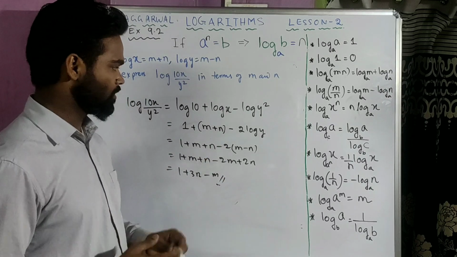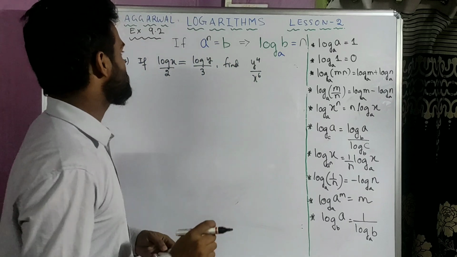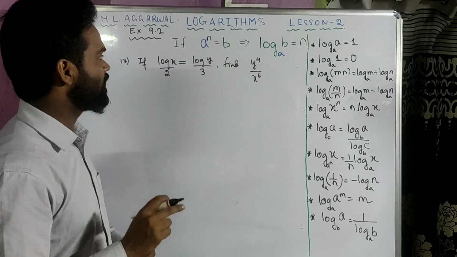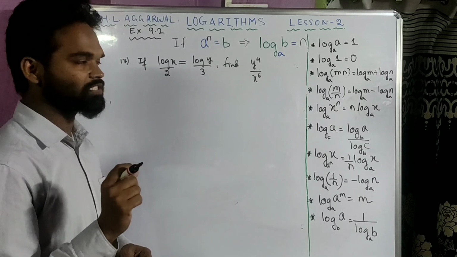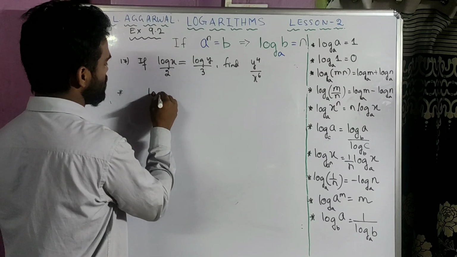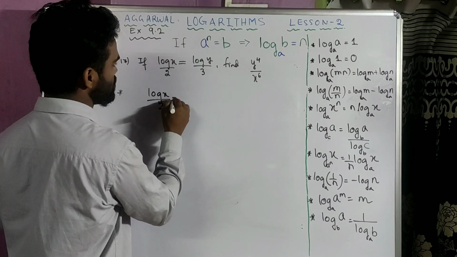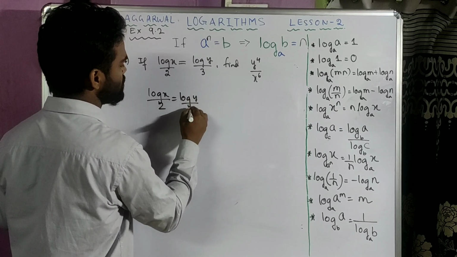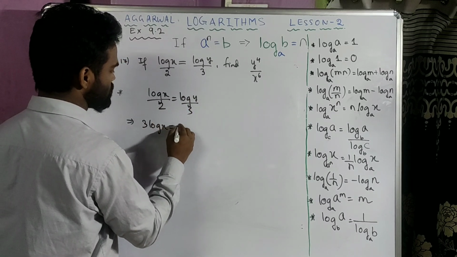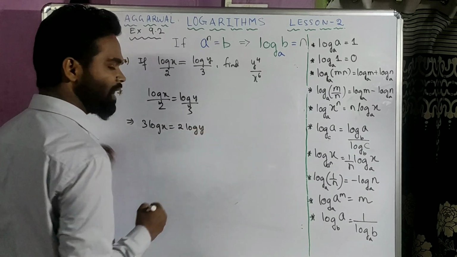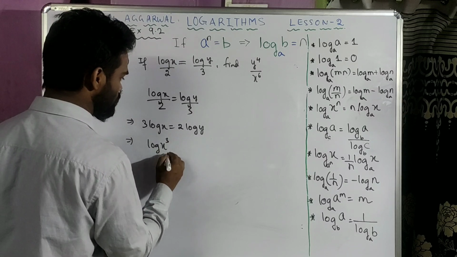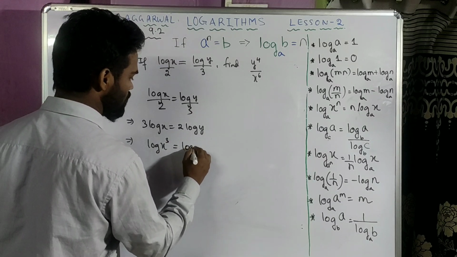Clear? Now we look at the next sum. Now look at this sum, 17. If log x by 2 equals log y by 3, find y to the power 4 by x to the power 6. Very easy. Look over here. We'll take this expression. Log x by 2 equals log y by 3, which means 3 log x equals 2 log y, which means log x cube equals log y square.